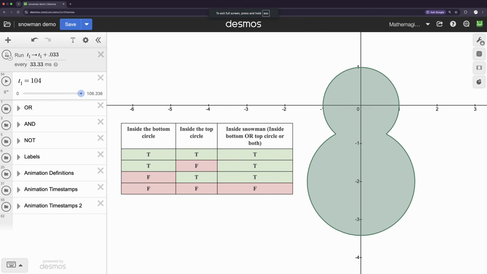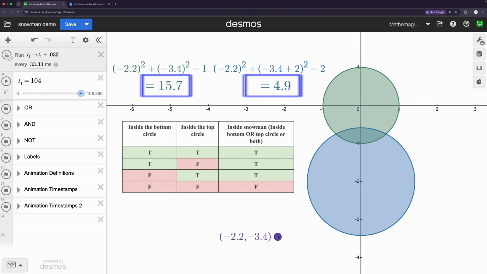Now, let's go back to our circle functions. Recall that for each shape, true means the output of our function is negative or 0, and false means the output is positive. For or, we need at least one of our two numbers to be negative or 0. You can see that whenever our point is inside our two circles, one or both of them is negative. In other words, as long as one of them is negative, it doesn't matter what the other one is doing.